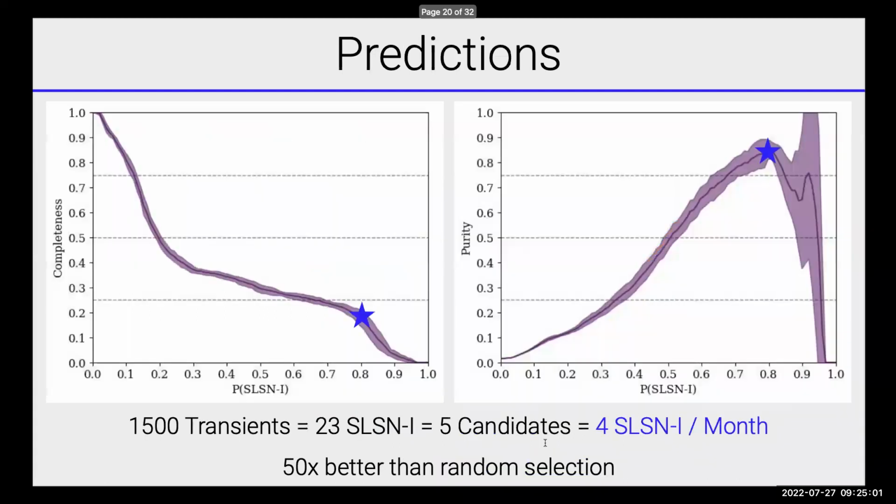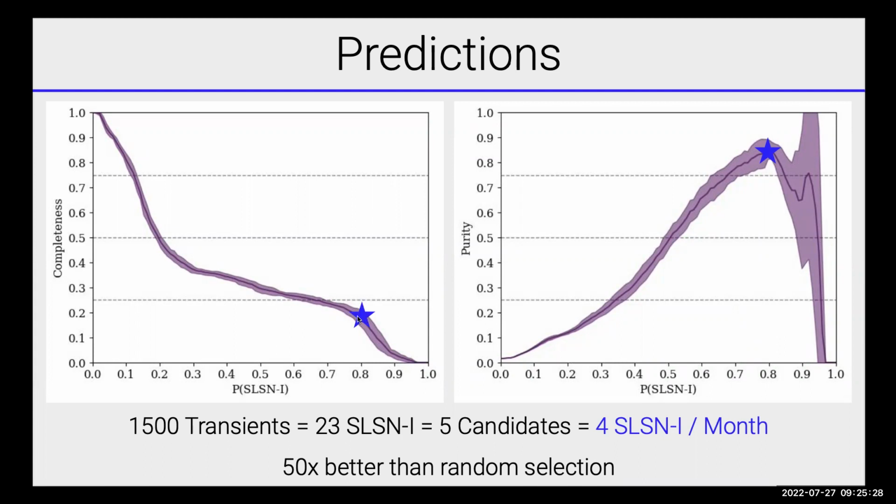And how does it perform? This is what our predictions were 2 years ago when we started running Fleet. We said, okay, we expect a maximum purity of around 80% if we only were to observe things that have a likelihood of being a superluminous supernova greater than 80%. This comes at the expense of completeness, meaning we are losing out on a lot of objects, meaning completeness is only around 20%.